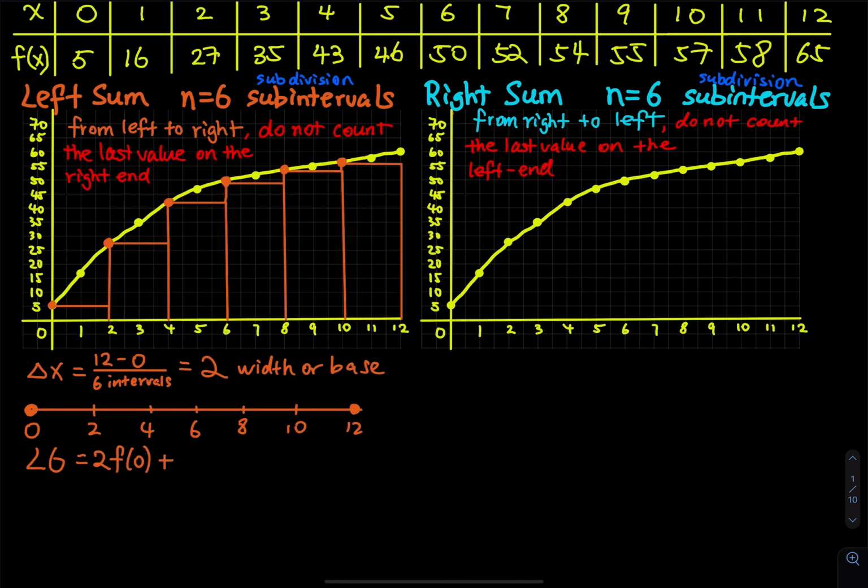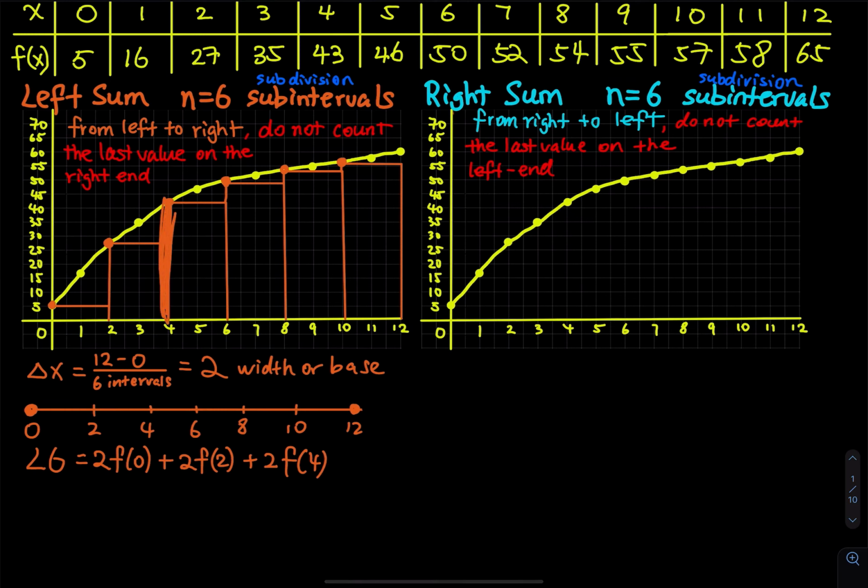And then the next rectangle is 2, and then the height. How tall is this? That is f of 2, right? When x equals 2, y equals 27. Let's just write f of 2 right now, and then I will do the plug-in. And then we have the next rectangle, which is the base times f of 4, right? F of 4 is right over here, and this is the height of the rectangle.